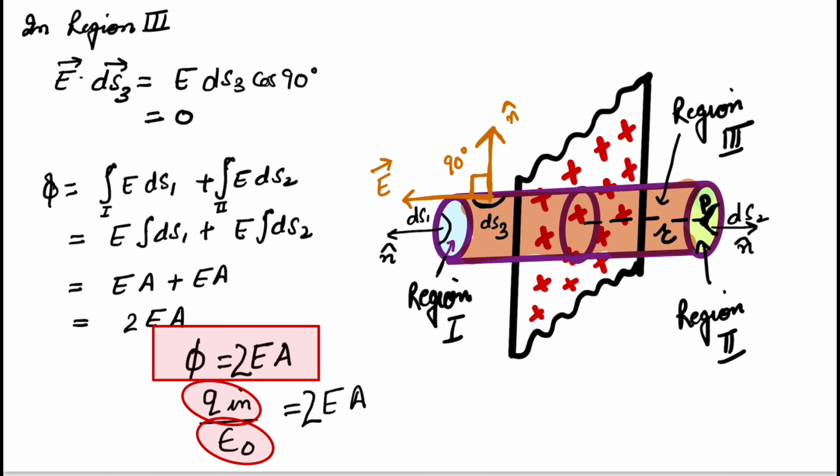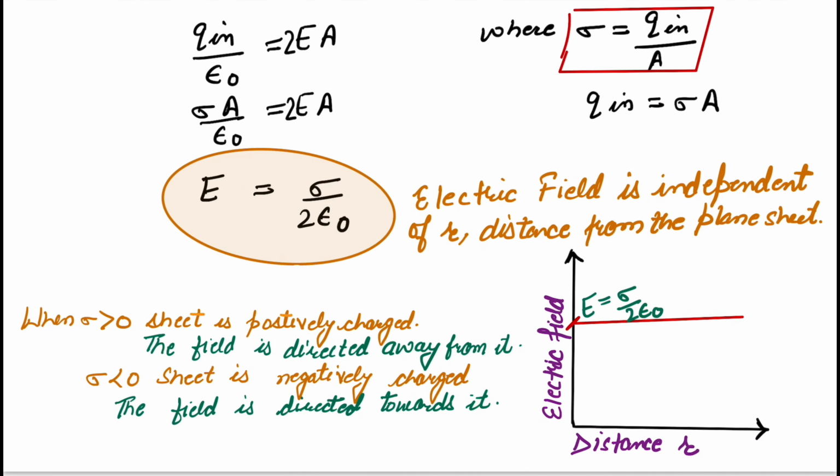The other expression for phi is Q in divided by epsilon naught, as from the Gauss law. So we make the substitutions, we get this expression, and by cancelling A on both sides, the electric field comes out to be sigma by 2 epsilon naught.